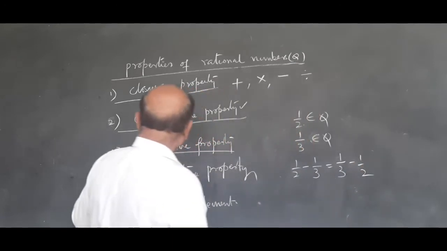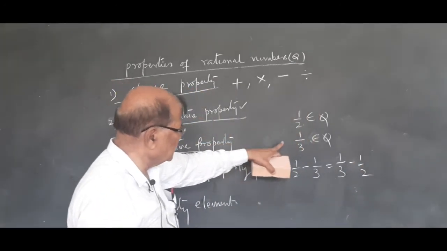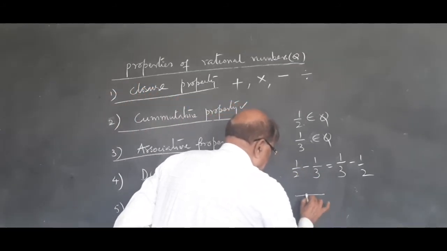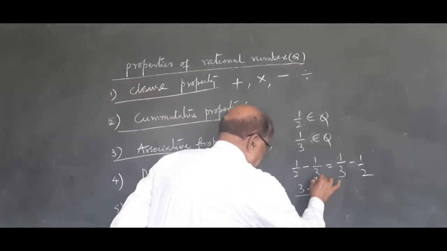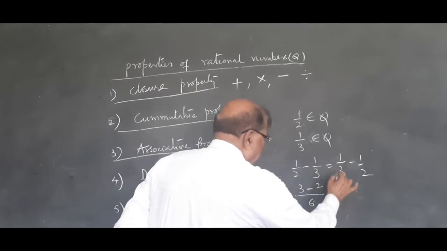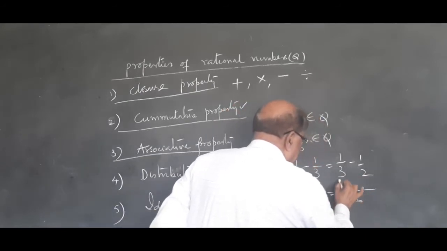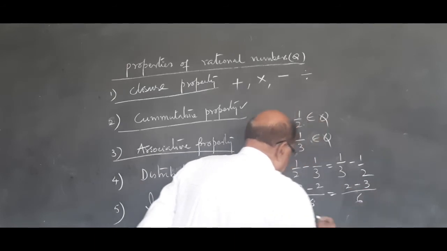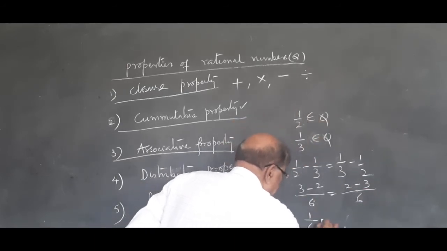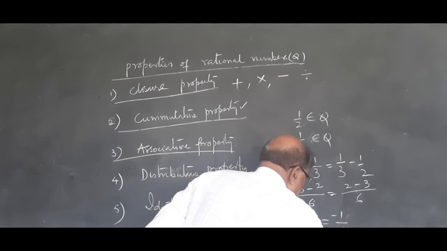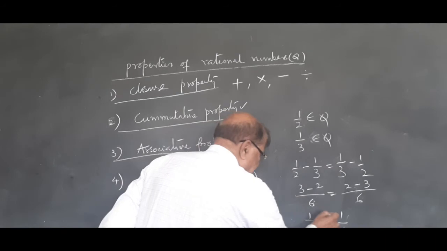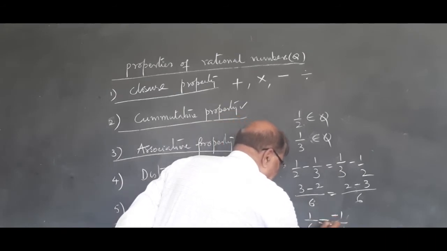Let us see whether commutative property holds good in subtraction or not. So the LCM is 6. So you are getting 1 by 6 is equal to minus 1 by 6. Minus 1 by 6 is not equal to 1 by 6.